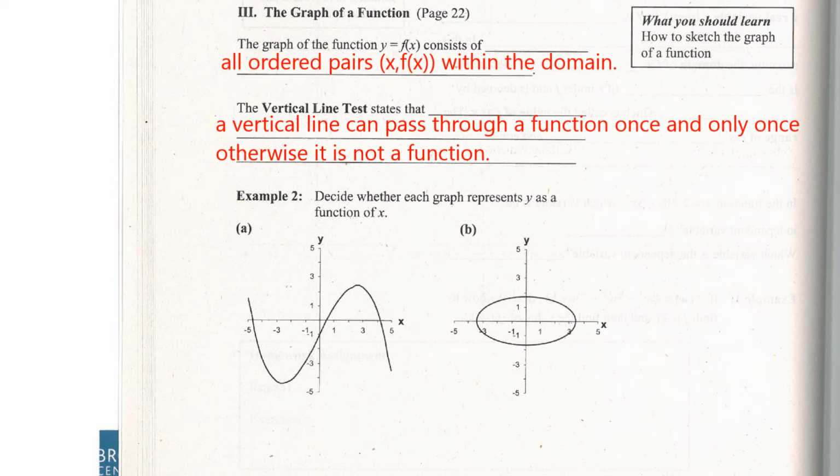The vertical line test is a really nice way of telling whether something's a function or not for sure, because it basically says that if you have a vertical line, no matter where it is on the graph, it cannot hit 2 points or else it's not a function. Take this first example. You could draw lines wherever, but that vertical line is only touching all of those places in just one place.